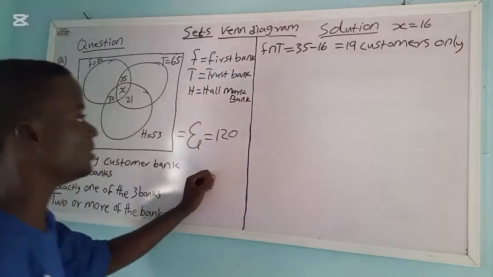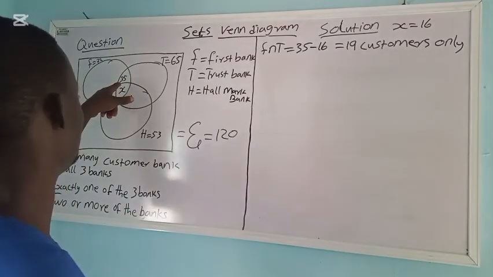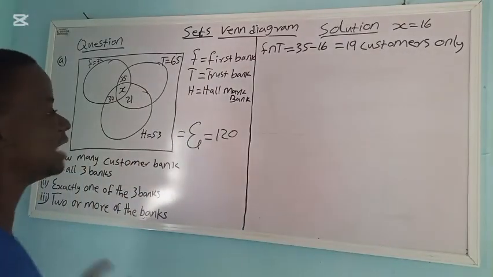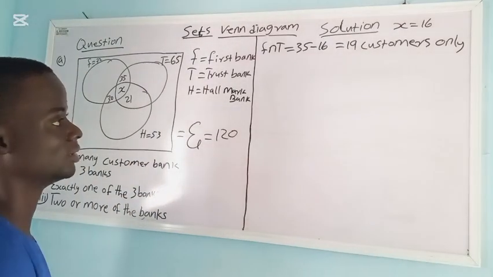You need to put this only, because for this one, it's not only. But this 19 means it's only 19 customers that bank with First Bank and Trust Bank.